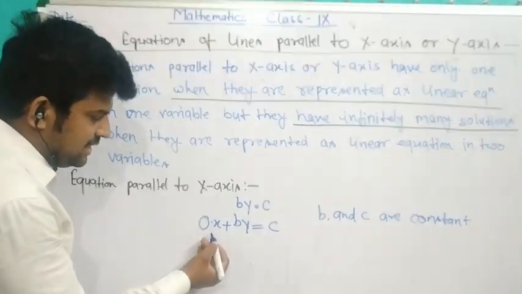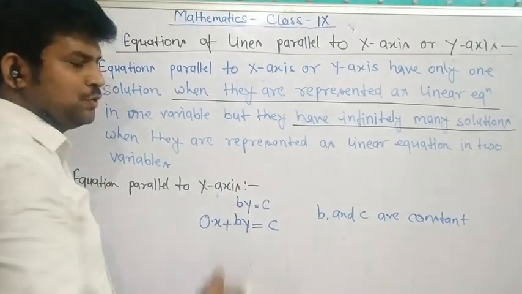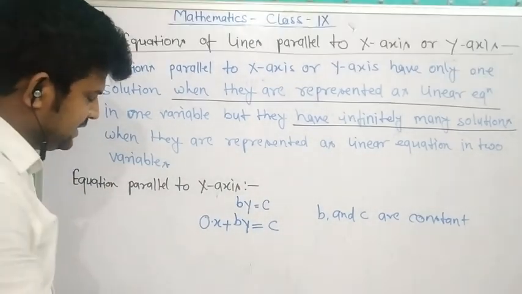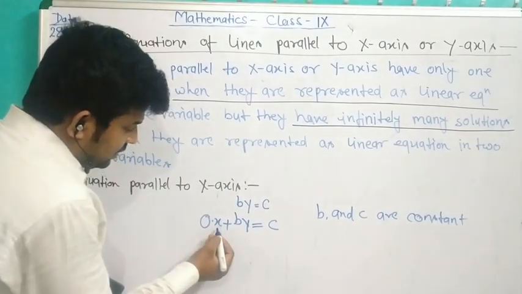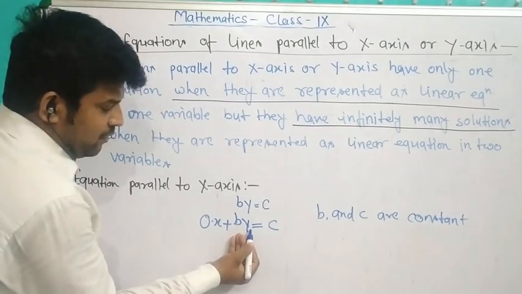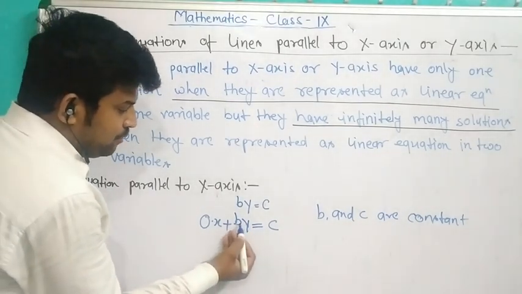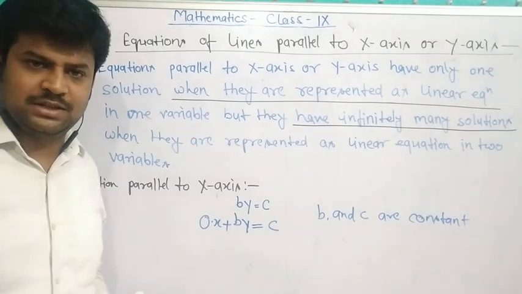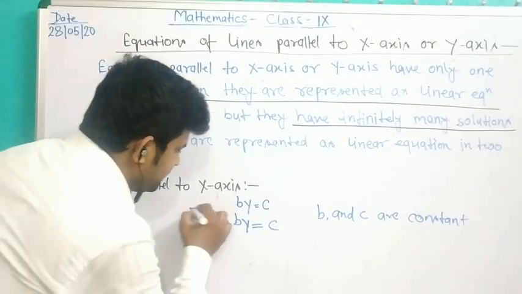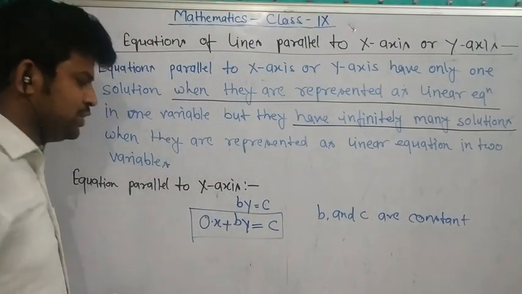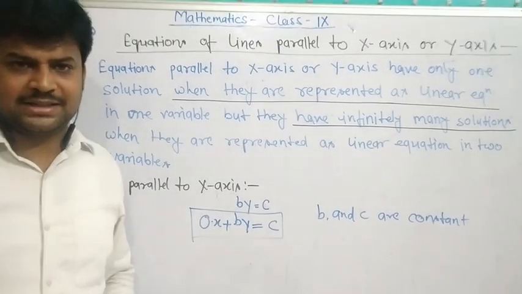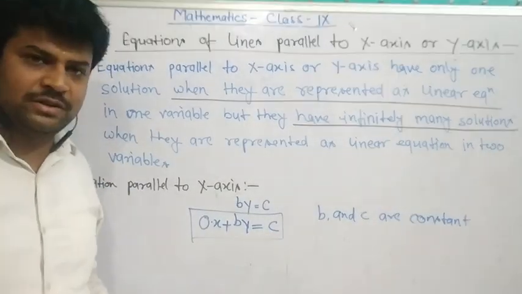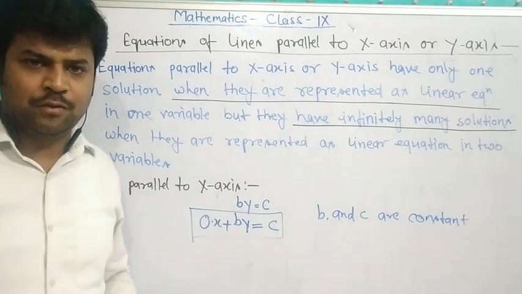Now we can write 0x + by = c. Then we see that there are two variables, x and y. Both are variables, b and c are constants. This is the equation parallel to the x-axis, where b and c are constants, and x and y are variables.